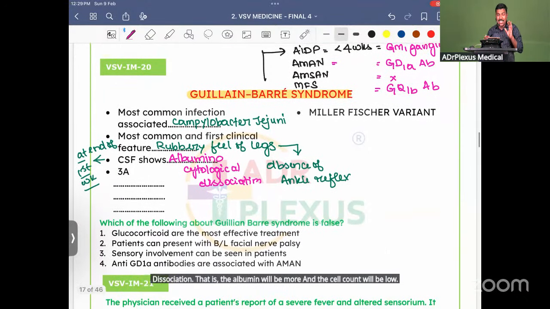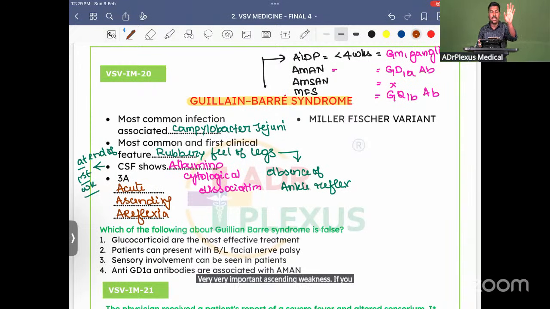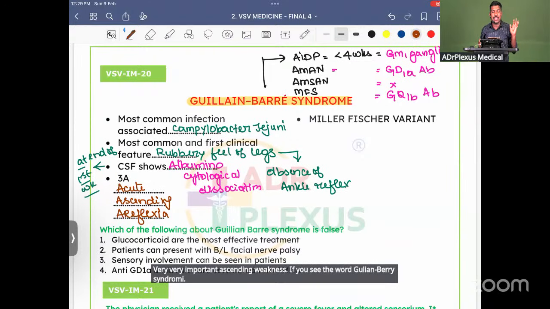And always remember 3 A's, okay? It is acute. AIDP is acute. Ascending weakness. Areflexia will be there. Very, very important. If you see the word Guillain-Barré syndrome, most of the time in your exam.